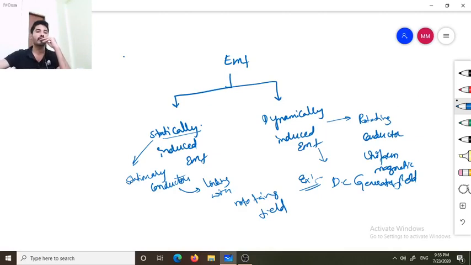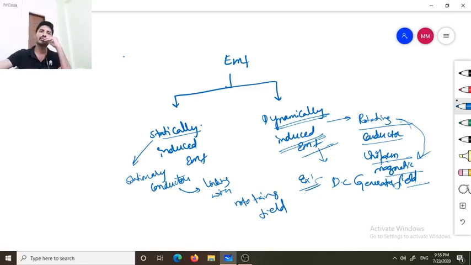In a DC generator, the armature conductors are rotating, and a uniform magnetic field is produced. Whenever the uniform magnetic flux links with a rotating conductor, that type of EMF is called a dynamically induced EMF. Now you got the point.